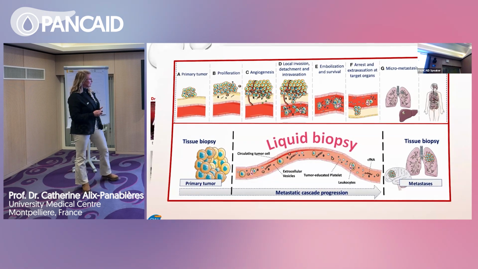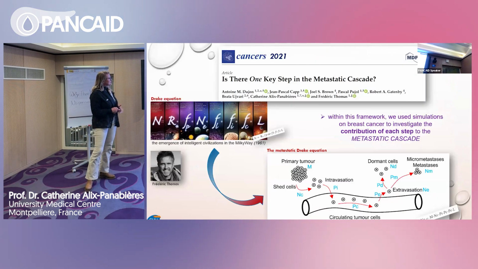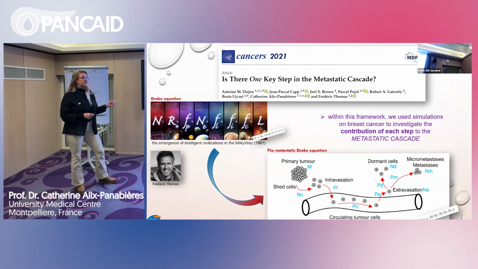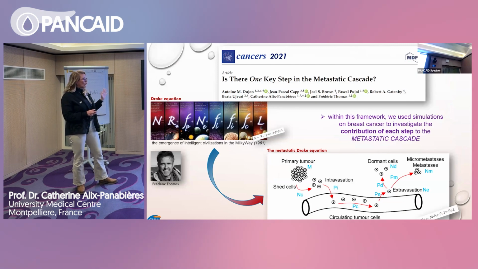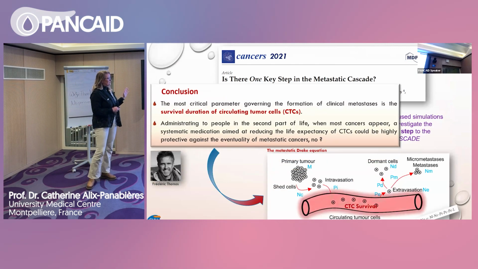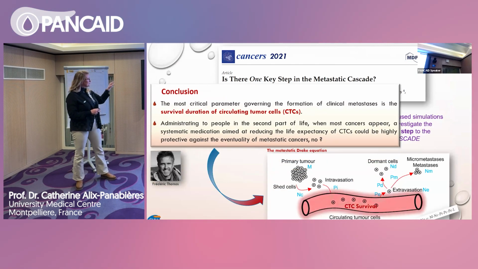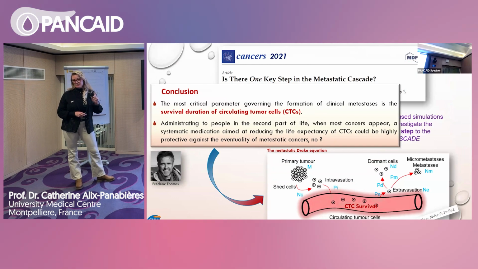worked in Toronto. So when we asked, is there one key step in the metastatic cascade, with my colleague, biologist of evolution in Montpellier, Frédéric Thomas, we looked with a mathematical model and we tried to see all the different steps. And when we tried to decrease all of them, the only one which was very important was the survival duration of CTCs in the bloodstream.